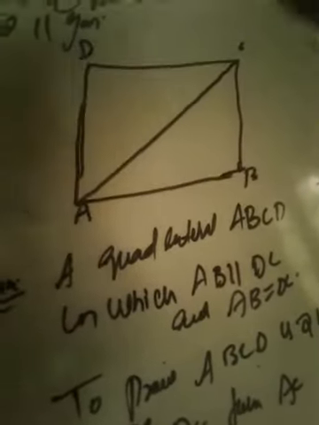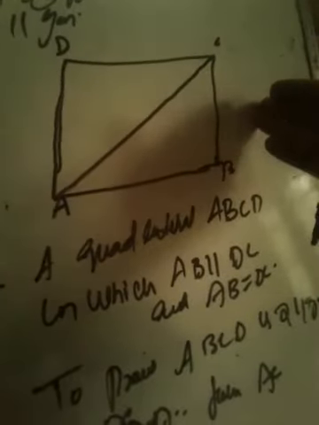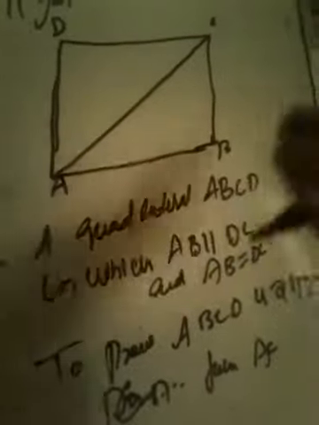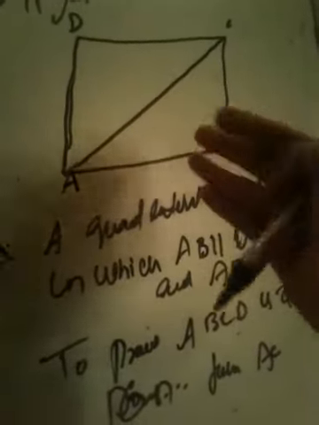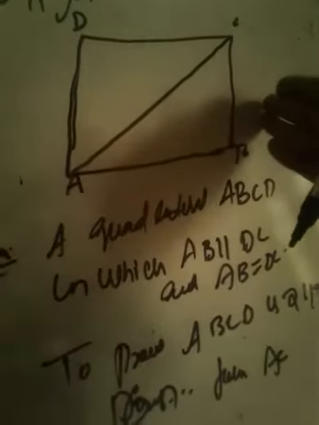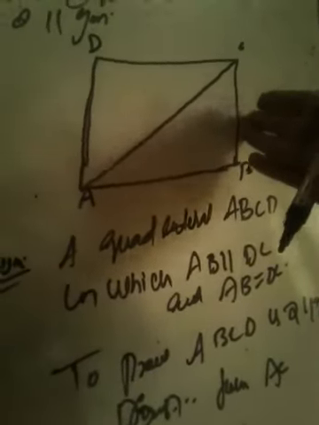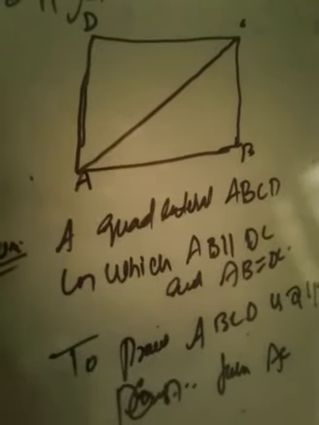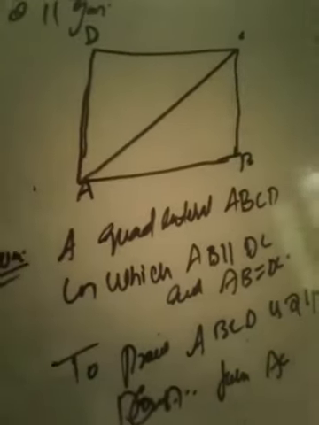This side is parallel to this side. It is given. Now, if we are able to prove that BC is parallel to AD, then we are through. That is what we are supposed to prove: BC should be parallel to AD.